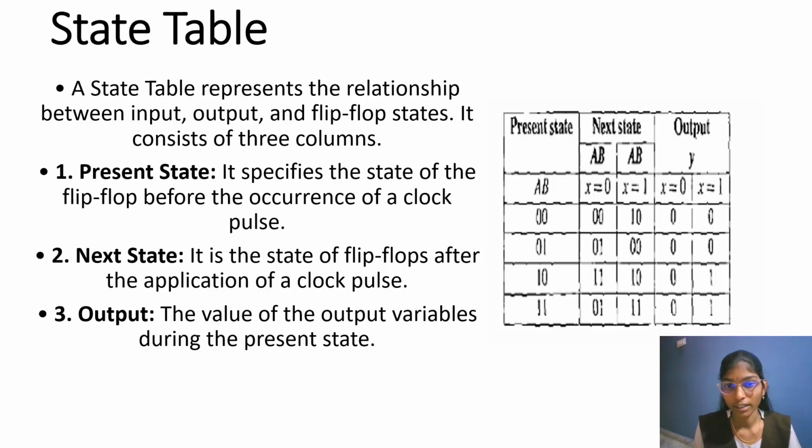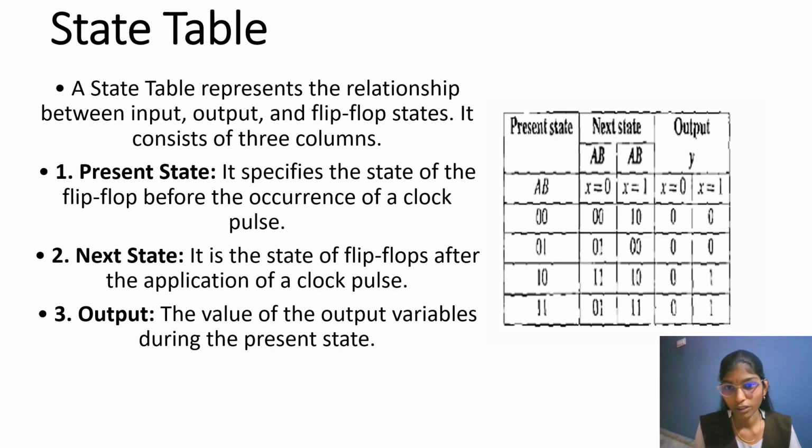We have a 2-bit number, so the possible inputs are 00, 01, 10, 11. The next state can be classified based on x equals 0 and x equals 1. The output y can contain x equals 0 and x equals 1.